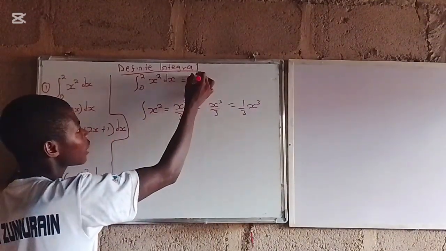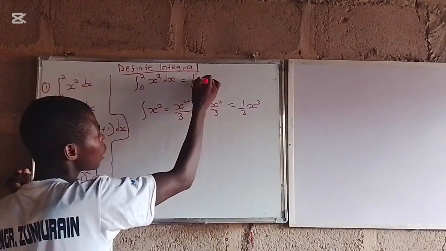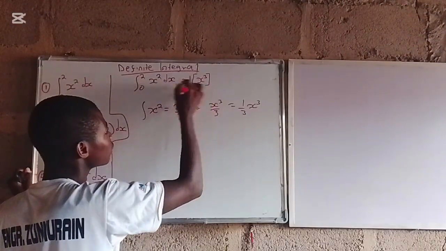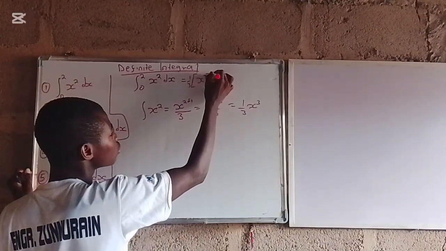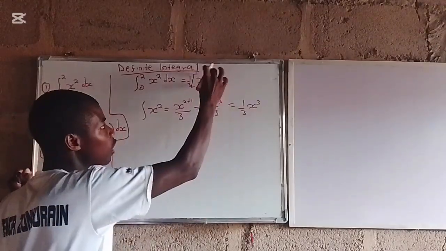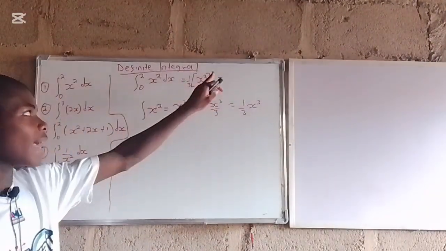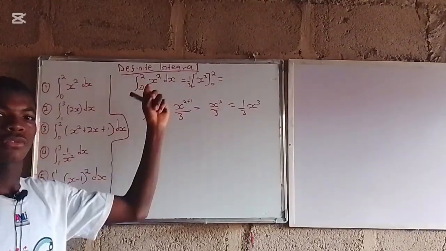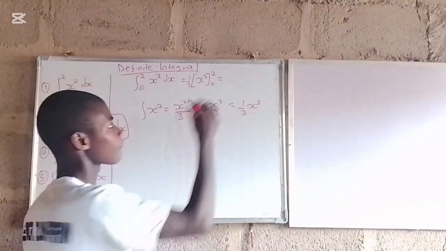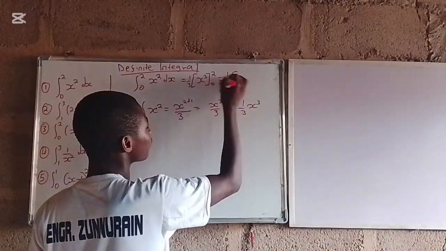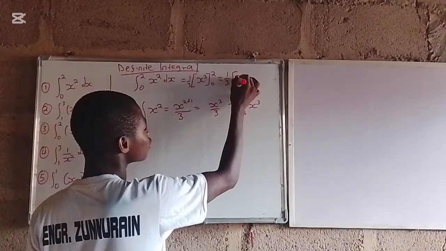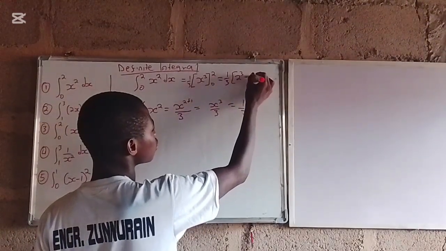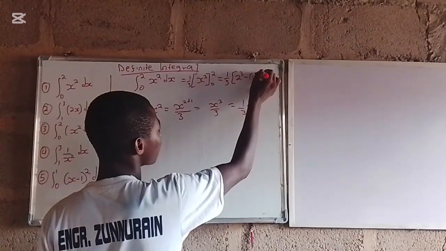So after integrating, I'll have 1 over 3 outside, x cubed, with the limits 0 to 2. Where I see x, I'll put the upper limit, minus where I see x, I'll put the lower limit, then subtract. I have 1 over 3 times 2 to the power of 3, minus 0 to the power of 3.